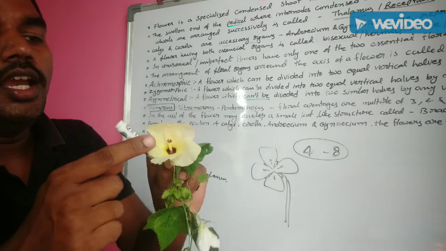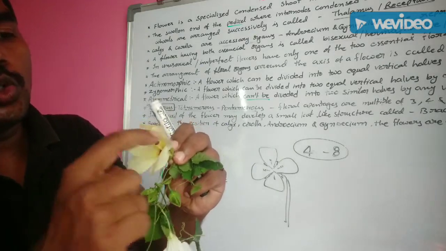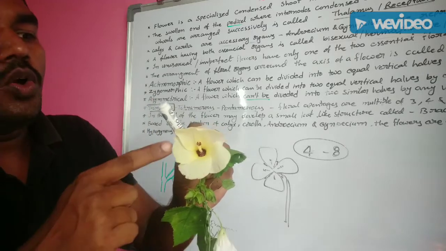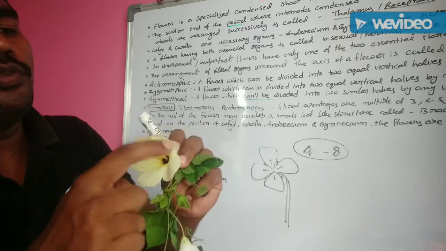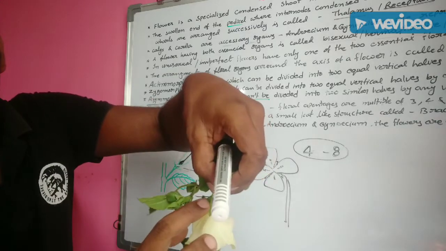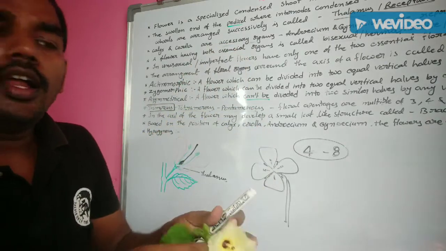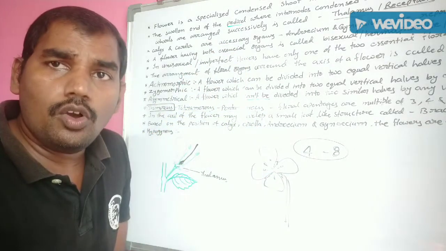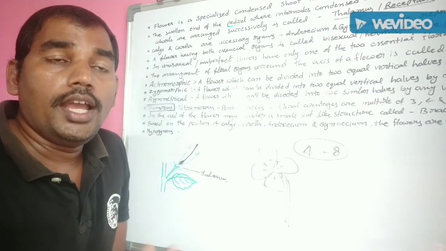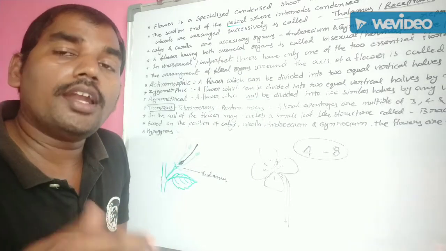Pentamerous. That means calyx 5, 1, 2, 3, 4, 5. Corolla also 5. Calyx 5, corolla 5, and anthers either 10 or 5. Carpels 5 or 10.